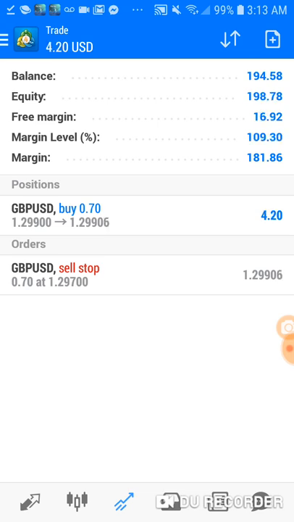So we had $194 that we put into this account, and as you can see, of that $194, we have 181 of it in margin. This is where your funds go. But as the system goes, as we make more trades, you'll see that we're going to be able to clock more money and make it grow, make it more stable.